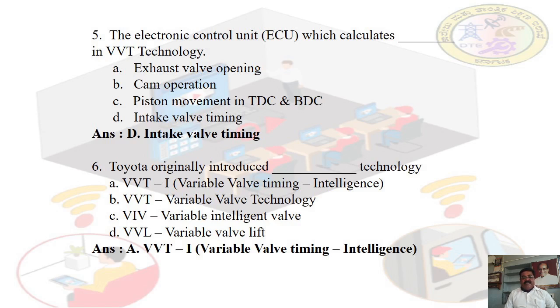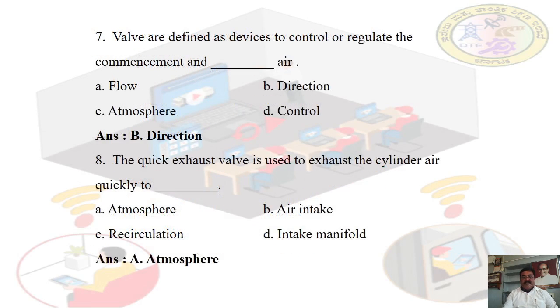Option D, VVL, variable valve lift. The answer is option A, VVT-i, variable valve timing intelligence. The Toyota people introduced the VVT-i technology, variable valve timing intelligence technology.